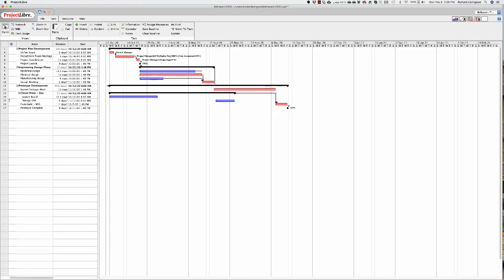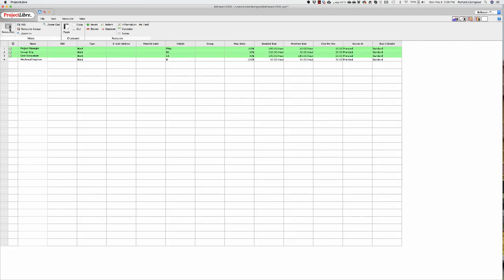So we have mechanical, electrical, and manufacturing. So we have a mechanical, an electrical engineer, and a manufacturing, and I'll just put MFG for this one just to make it easier on myself.